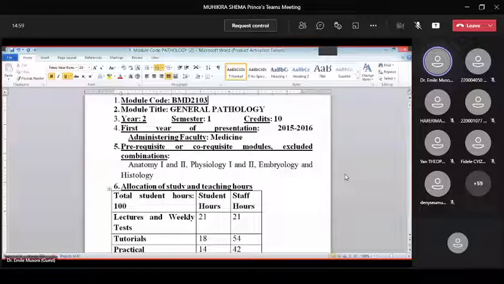After that, we'll continue with the neoplasia. Cytology. Then after that, neoplasia, there will be cut 2 on the neoplasia.